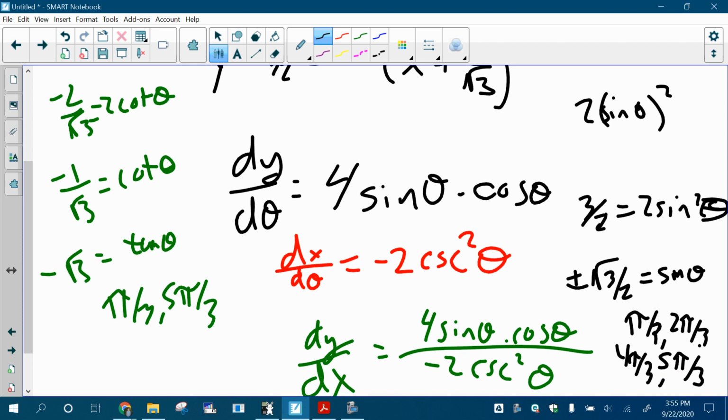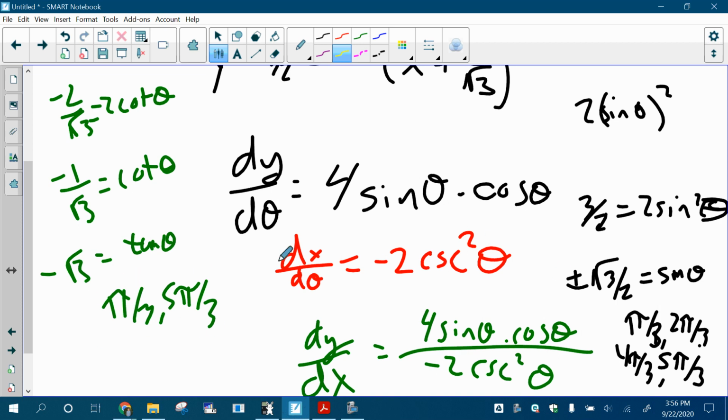When I look at these two lists, I need to figure out the theta that would give out this point. If I picked 2 pi thirds, that gives out the right y coordinate, but since it didn't show up over here, it doesn't give out the right x coordinate.